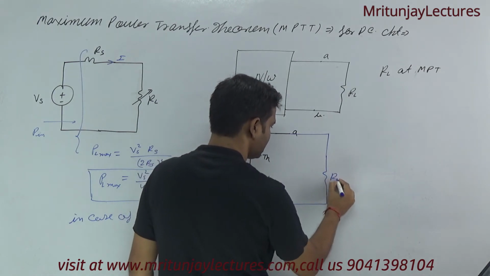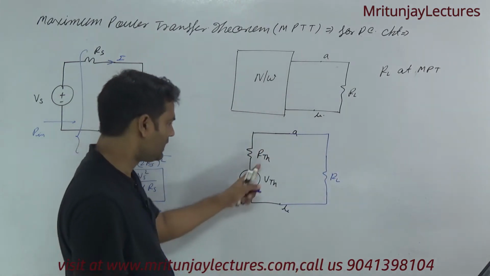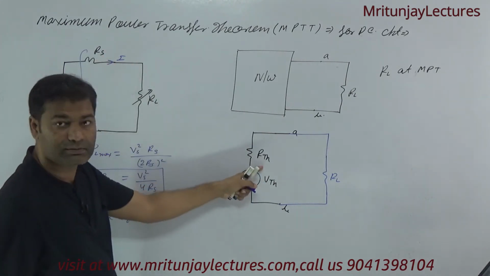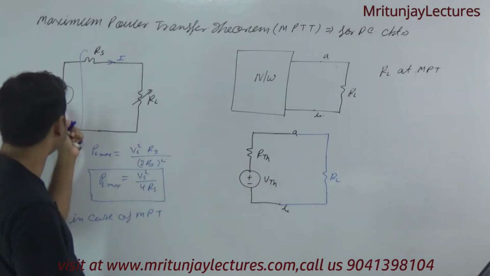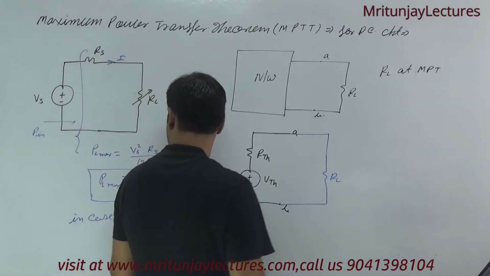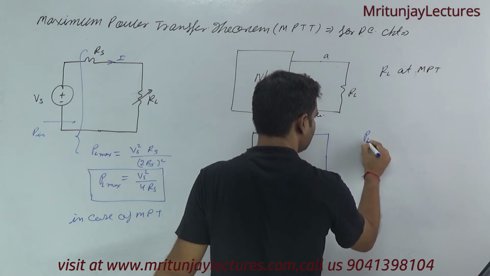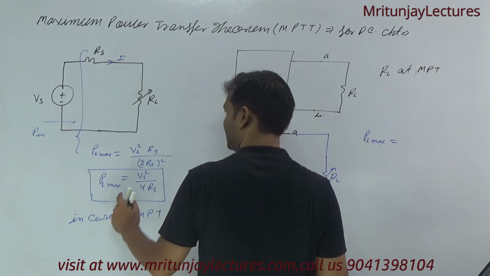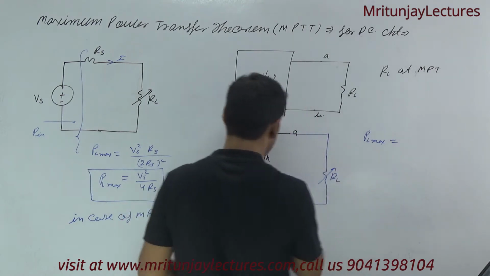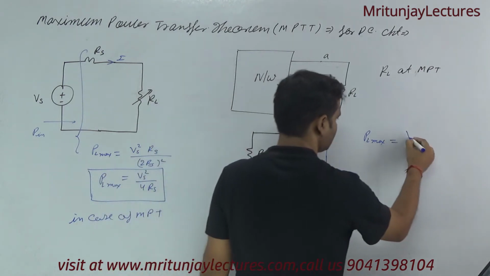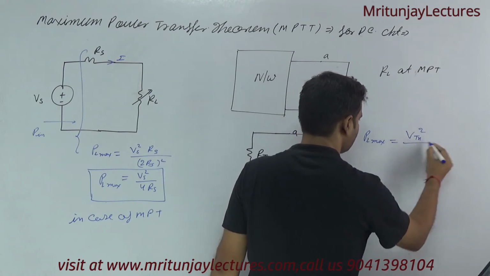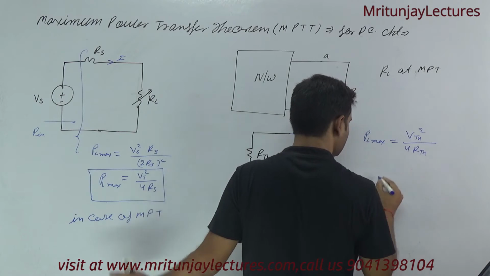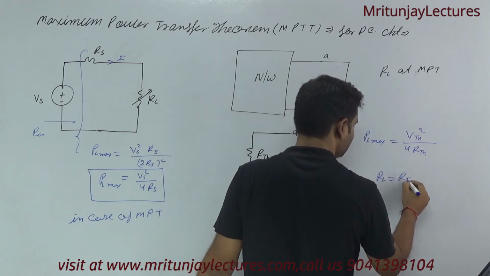Now RTH is the same as the source resistance Rs, which means the same formula applies here. Then PL max is equal to VTH square divided by 4 Rs, where Rs means RTH. So basically our motto is to determine RTH.